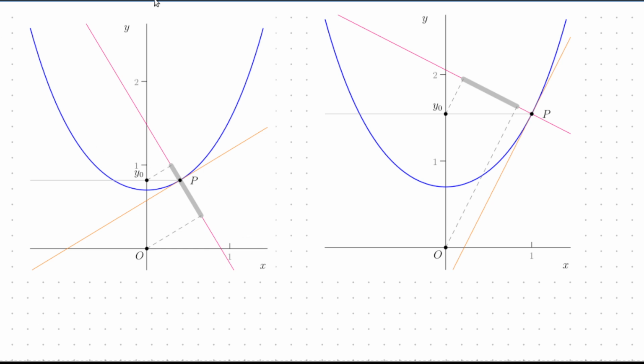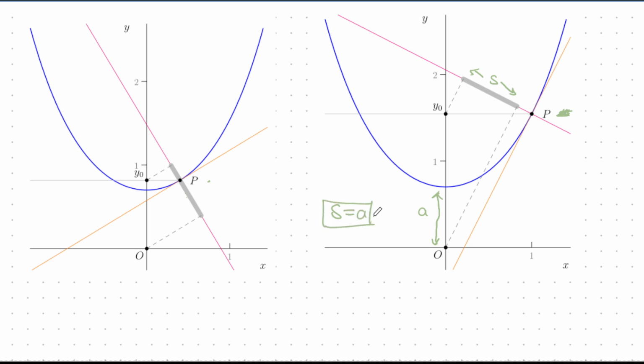So here I have two figures where P is in two different places. I've got P down here and P is higher up over here in the second figure. Now notice my projection is the same length. Here it's S, and this length S is the same as this length here, a, because we proved that S is a.